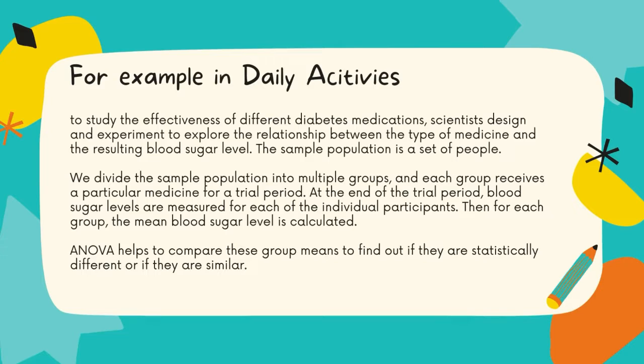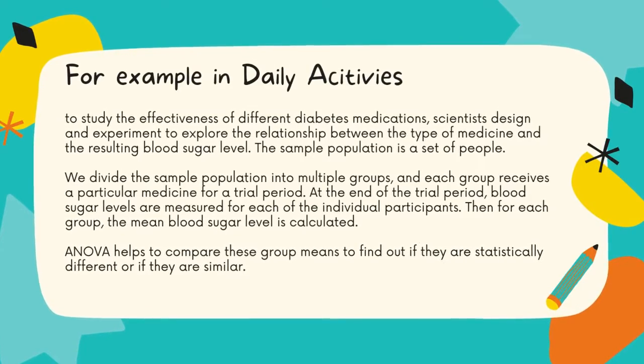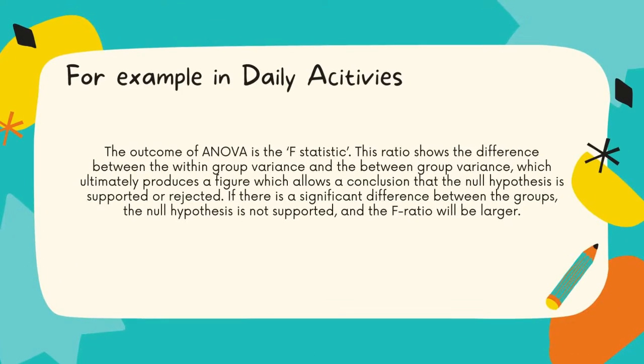ANOVA helps to compare these groups' means to find out if they are statistically different or if they are similar. The outcome of ANOVA is the F-statistic.